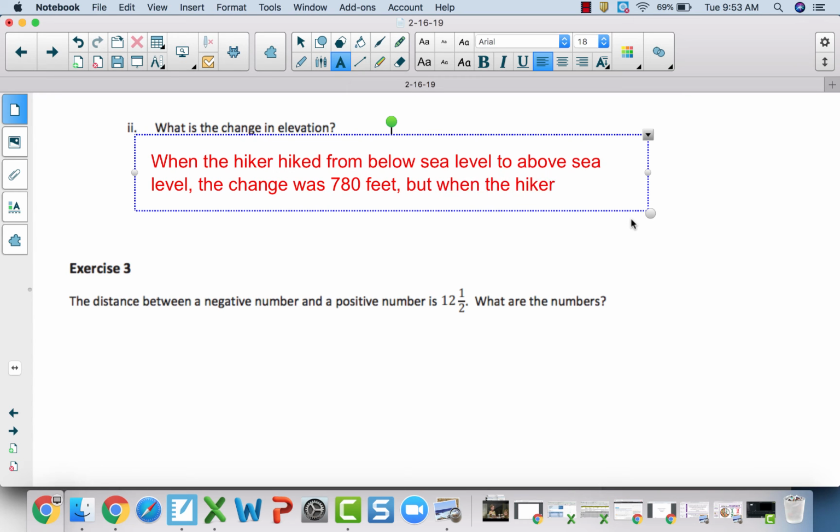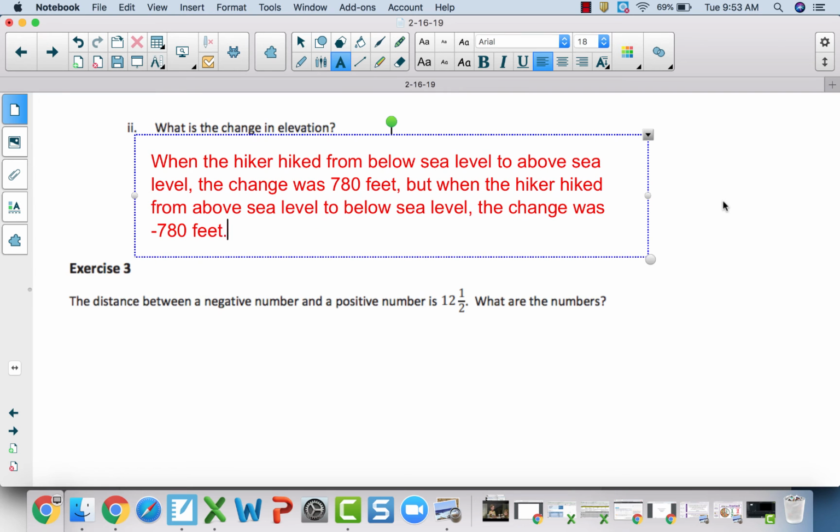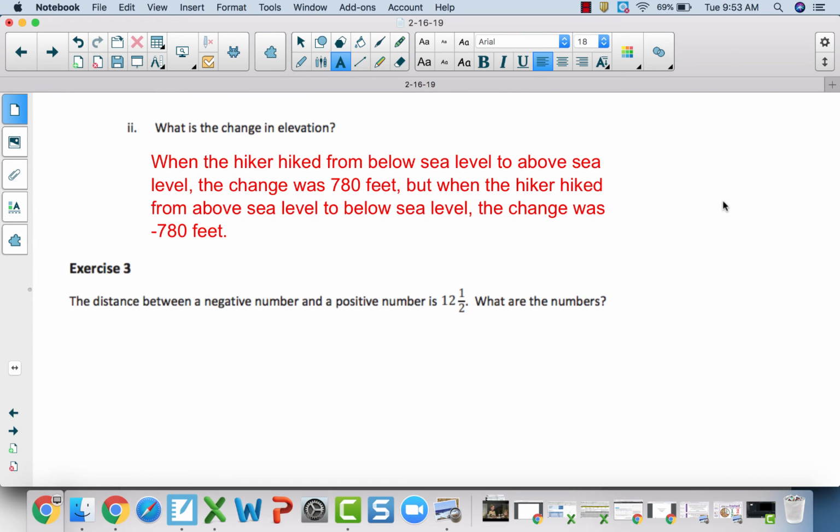But when the hiker hiked from above sea level to below sea level, the change was negative 780 feet. So if we are decreasing in our elevation, that change needs to be represented by a negative value. But if we are hiking up, that change would be represented by a positive value. So that's the difference between change and just distance.